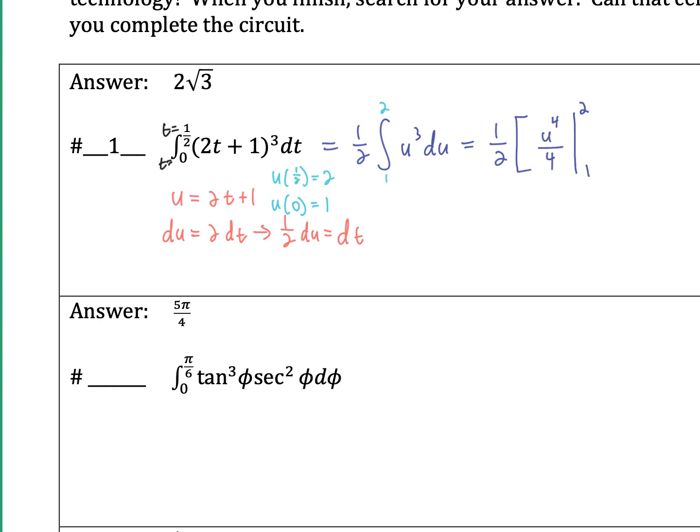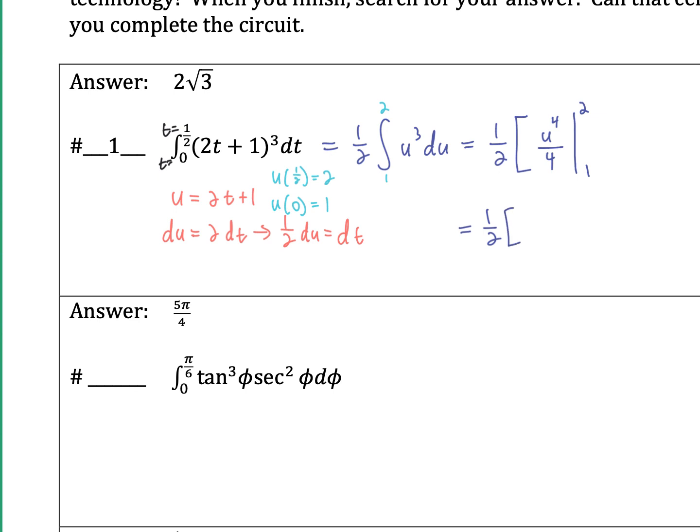Another big difference is we're not going to substitute back in terms of x. This function's in terms of u, these limits are in terms of u, so there's no need to. We could have kept these limits the same in terms of t, and then after you take the integral, substituted back in terms of t and kept the original limits. But we don't have to. Better to not, actually. It just makes it easier.